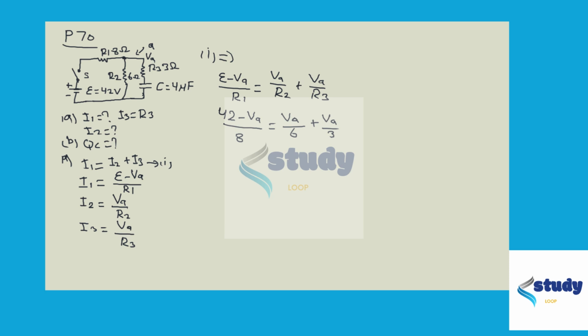So simplifying for VA, we get 42 minus VA equal to 4 VA, and VA is consequently equal to 42 over 5, and this results in VA of 8.4 volts.